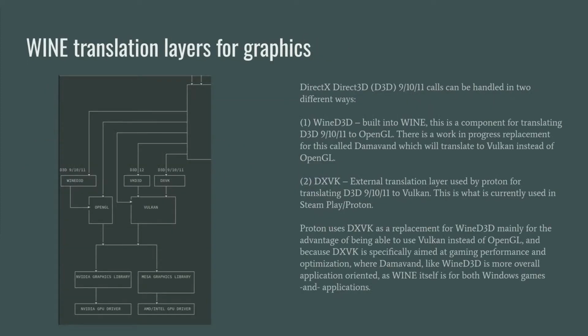Wine translation layers for graphics. So now we're going to go into a little bit more detail on the current gen graphics side. I explained the WinD3D portion, which is number one. That one is not really used in Proton. There's an environment override that you can use if you want to try it, but generally we want to try to use either DXVK or VKD3D if possible.